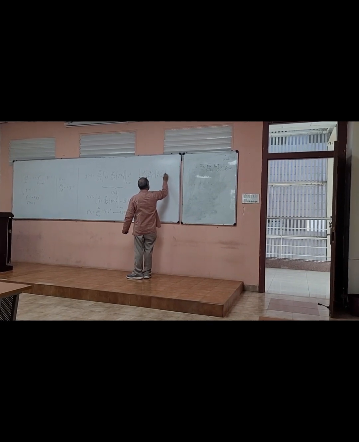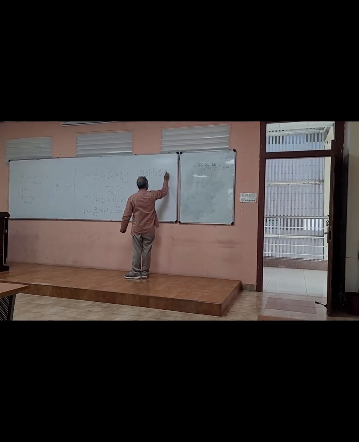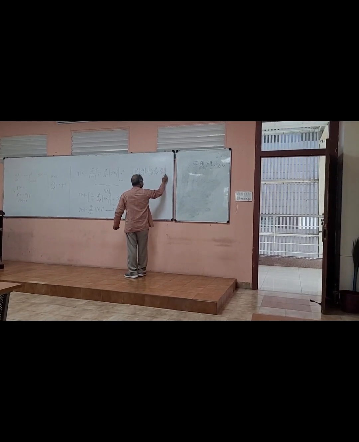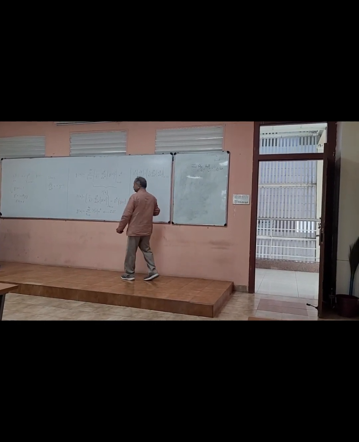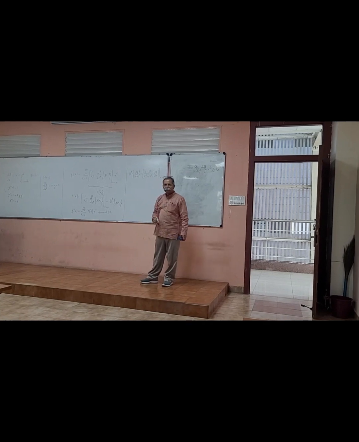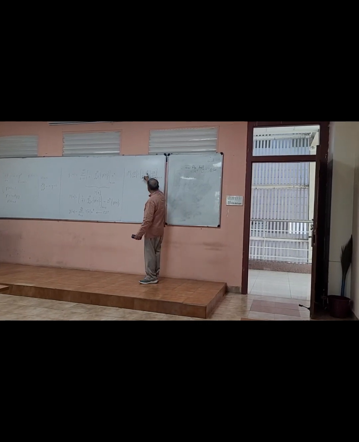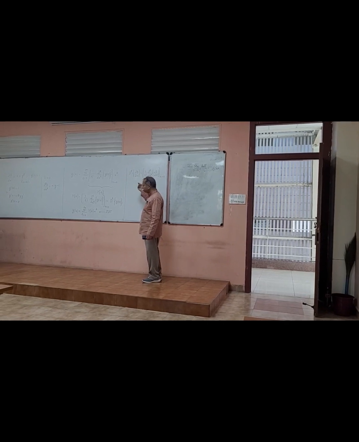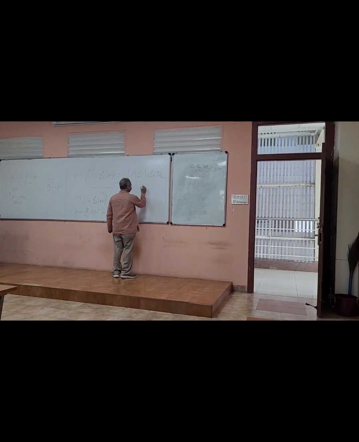I'll just use first principles. dy by dx at x equal to 0. Okay? So what happens to the derivative now? The kth derivative becomes the k plus 1 th derivative.